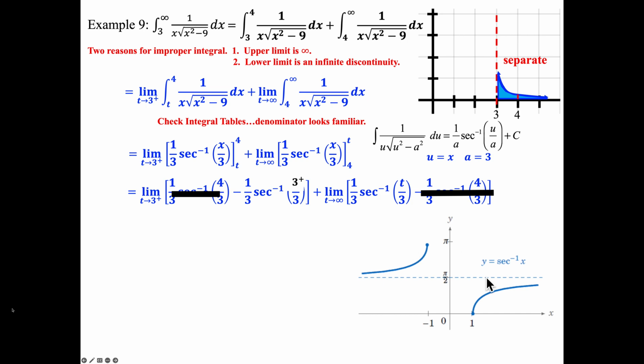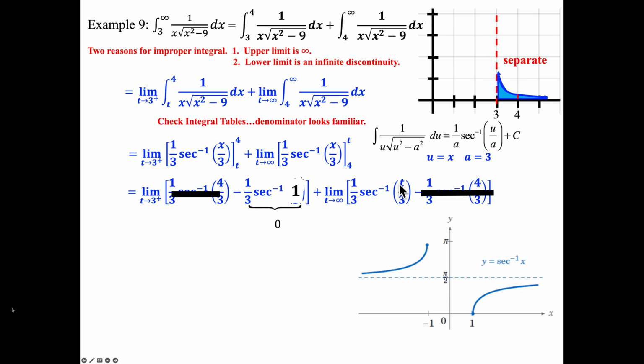Okay, so let's say 6/3, 5/3, 4/3, 3/3. I'm approaching 1, if you will, from the right once I divide that. So I'm approaching a 0 for all of this right here. My inverse secant becomes 0, so negative 1/3 times 0 is 0.